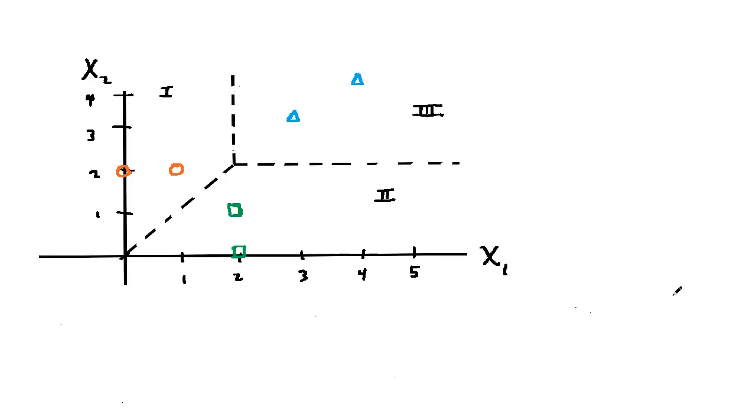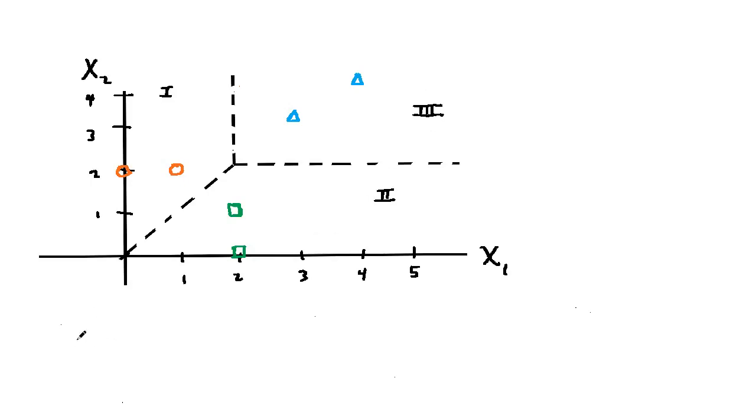Okay, so if we graph those lines, then we get this. The lines divide the plane into 3 regions: 1, 2, and 3.